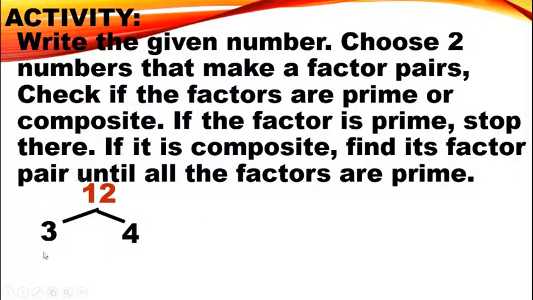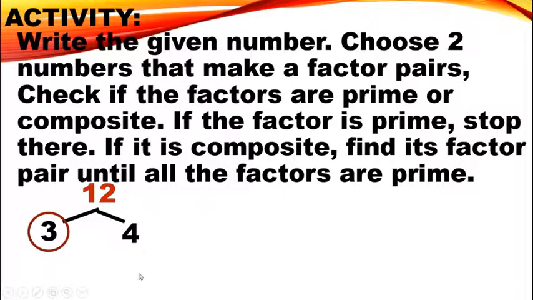Look at the factors, 3 and 4. We'll start at 3. Is 3 prime or composite? Okay, it is prime. Because it is prime, we need to stop there. So enable for us to identify that we have stopped there, we just encircle it.